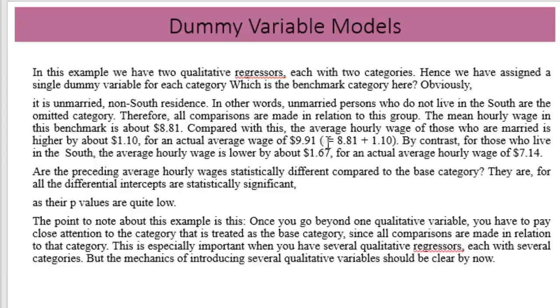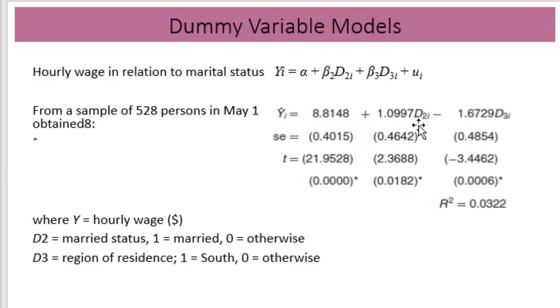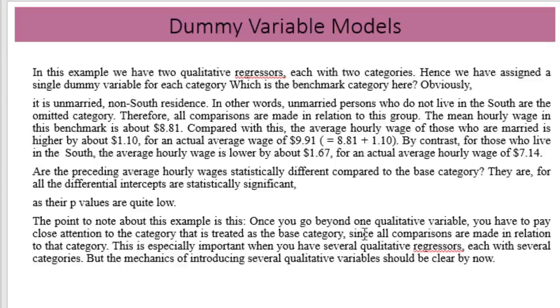Compared with this, the average hourly wage of those who are married is higher by about 1.10, and 1.67 for the next category. Then the actual average wage is 9.91.